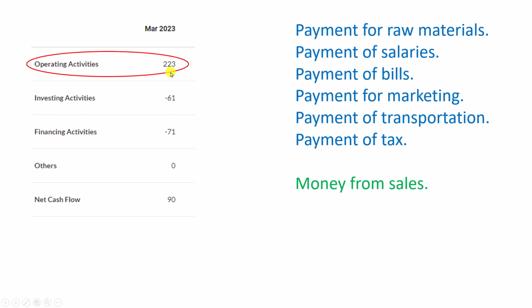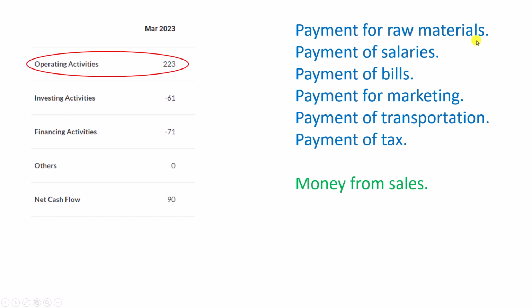Now this has to be positive. Operating activities should always be positive. Now what if this is negative? It means that the company is in loss. The company is not making money from its core business operations.